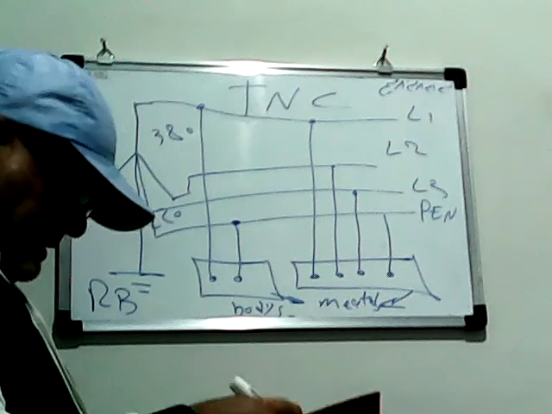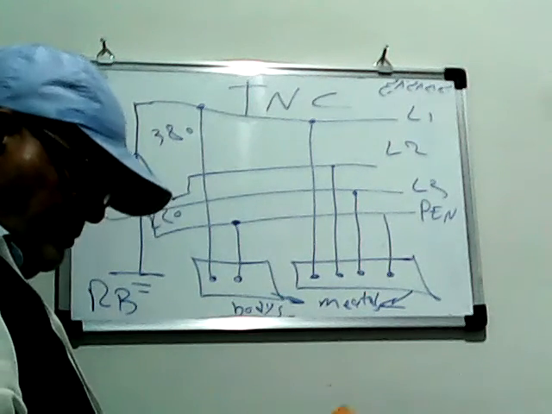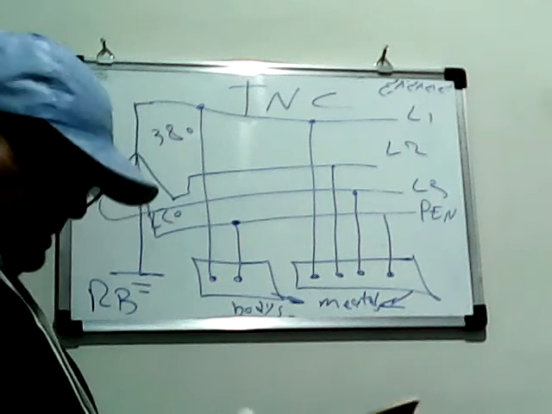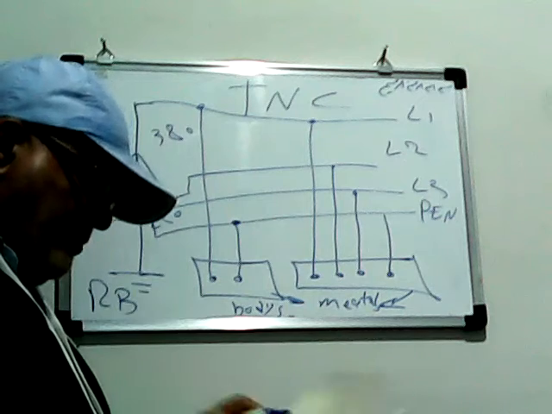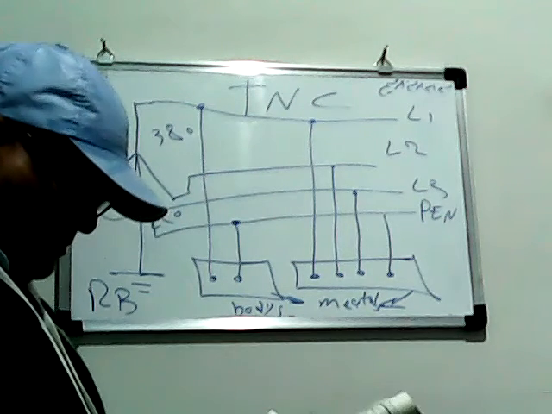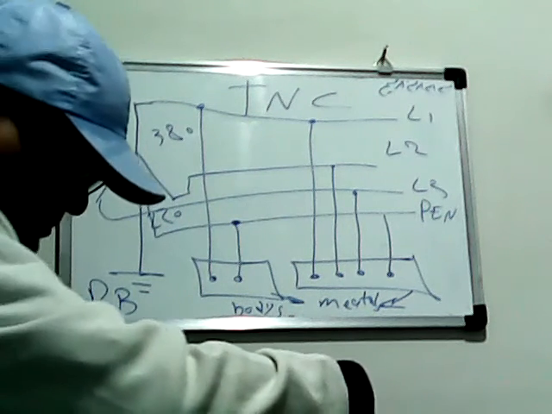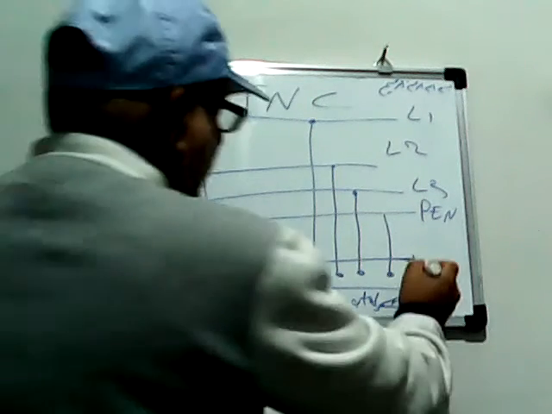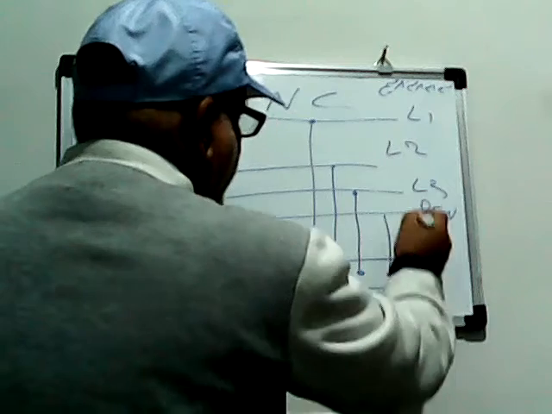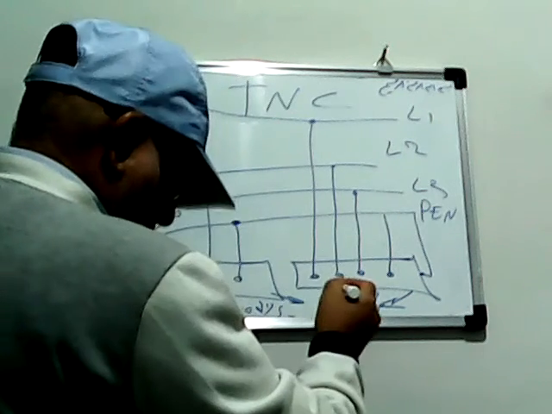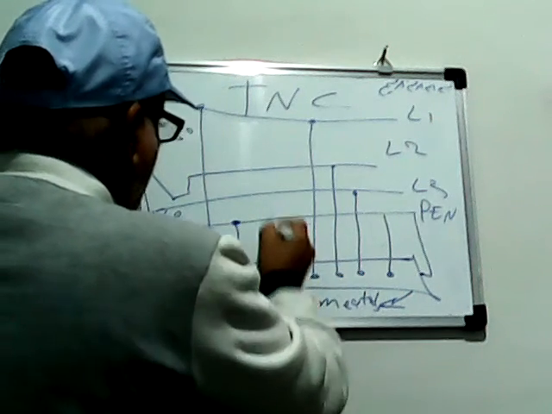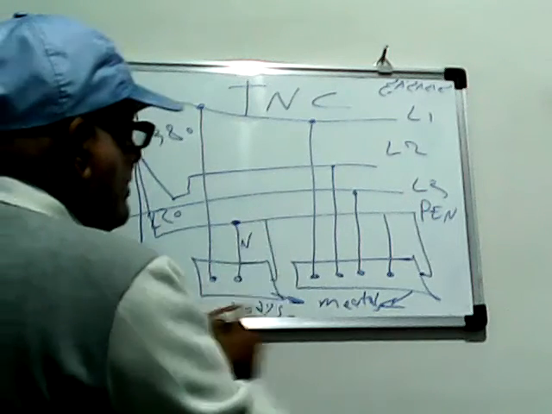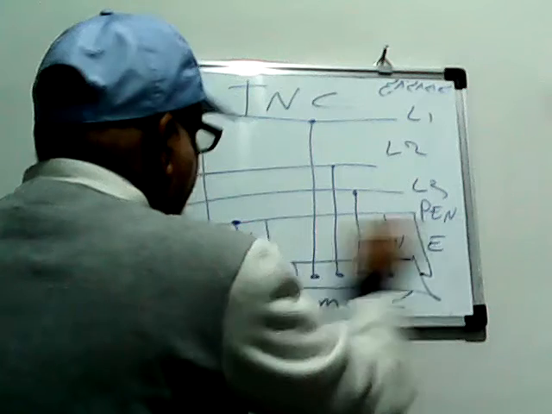In TN-C, we can also separate earth from here too, separate earth to all the devices, and this is neutral and this is earth.